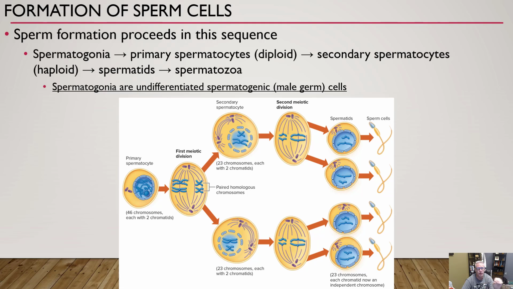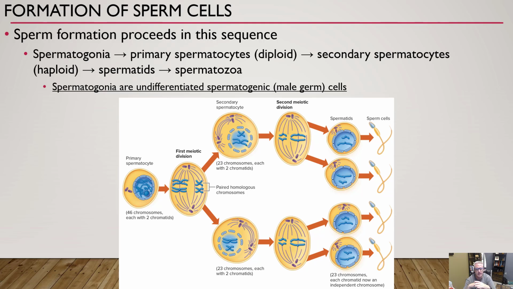And as a result of that first meiotic division, we have 2 secondary spermatocytes that are formed. And remember, each of those would have 23 chromosomes, each with 2 chromatids.